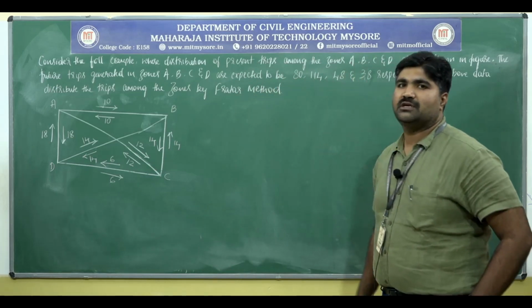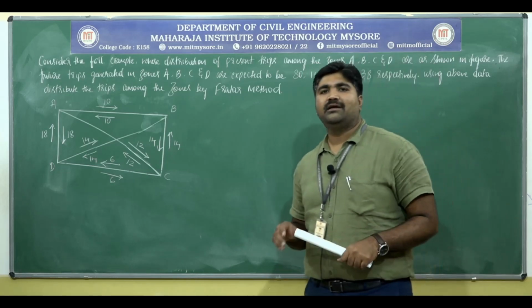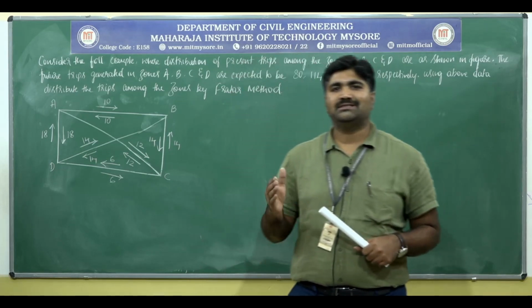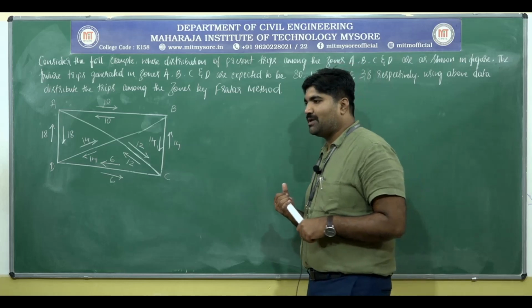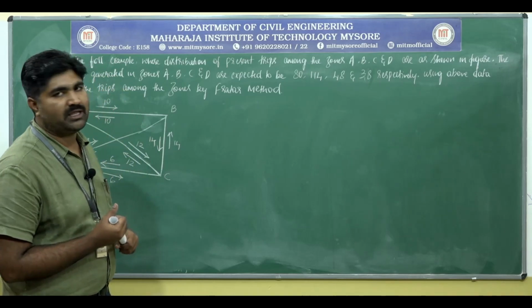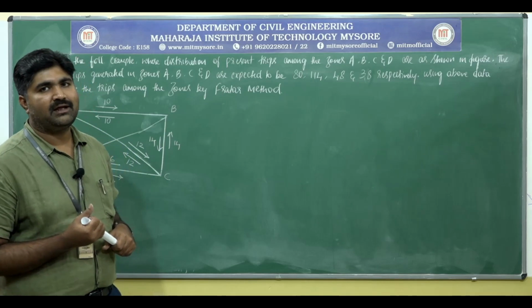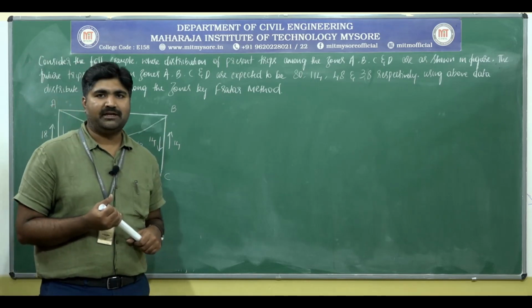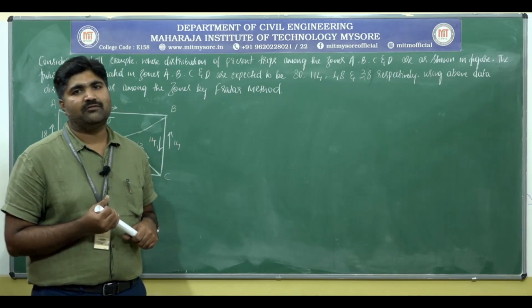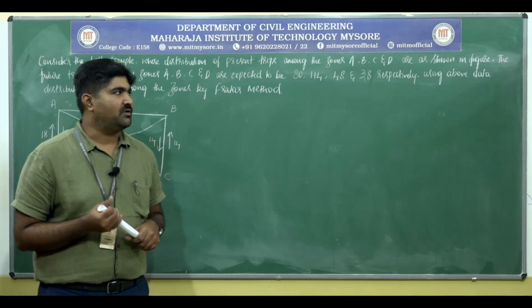The future trips generated in zones A, B, C and D are expected to be 80, 114, 48 and 38 respectively.